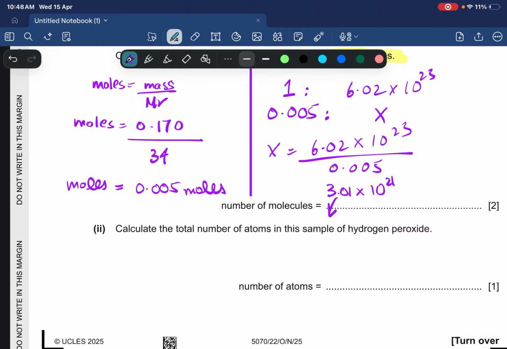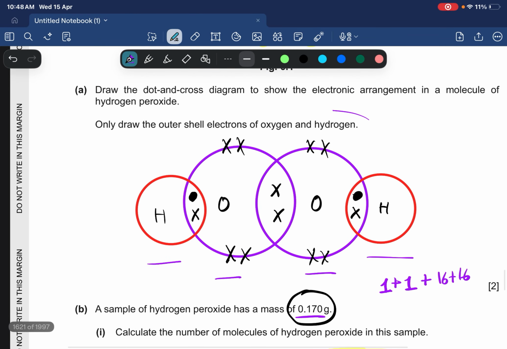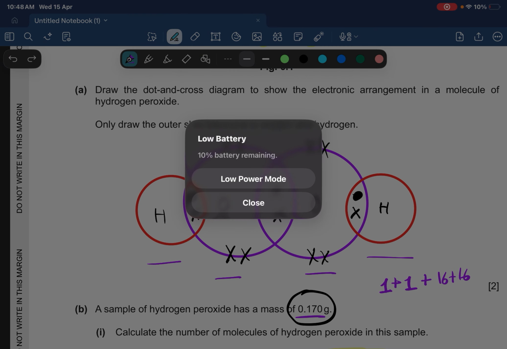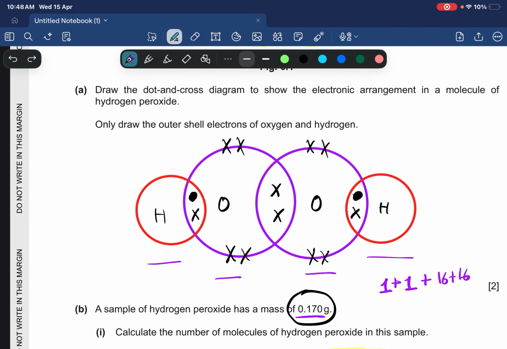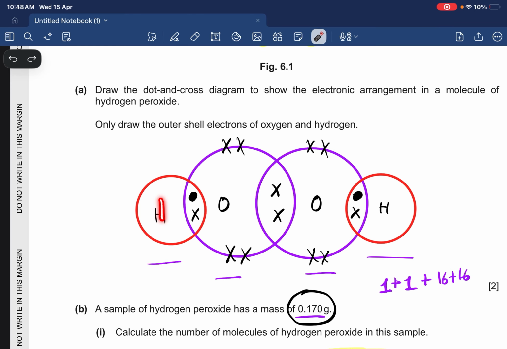Got it? Now calculate the total number of atoms in a sample of hydrogen peroxide. Remember, we have these many molecules, so you make the ratio again. 1 molecule contains how many atoms? 1 atom, 2 atoms, 3 atoms, 4 atoms. 1 molecule contains 4 atoms.